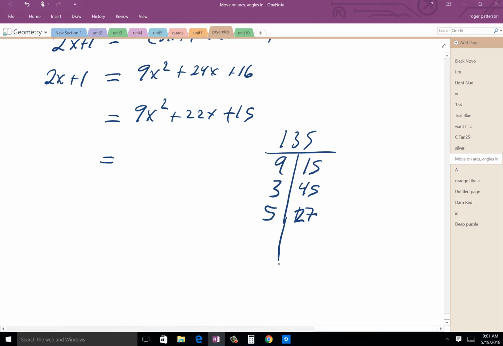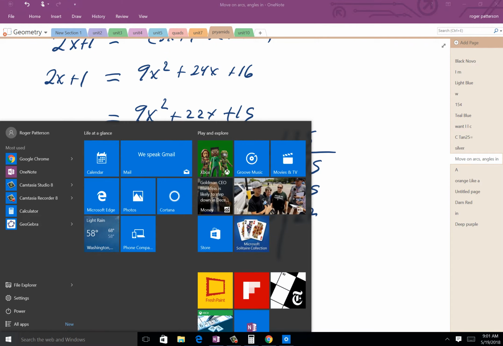Alright, but we still solve this. We're just not going to be able to factor it, because I can see it's not going to factor. So we'll go to Desmos and graph it, okay? And we'll get an answer that way. And I'm going to connect to it after this problem here. Get rid of this guy, get rid of this guy.